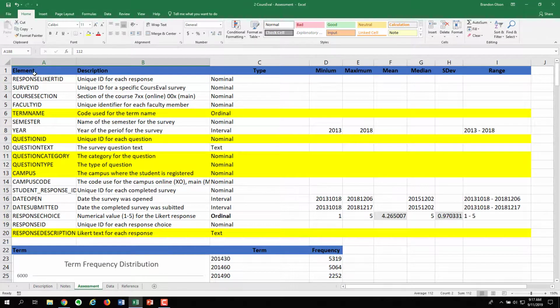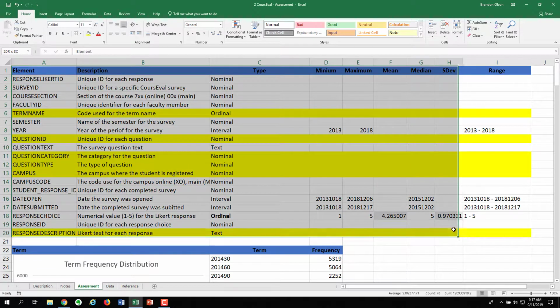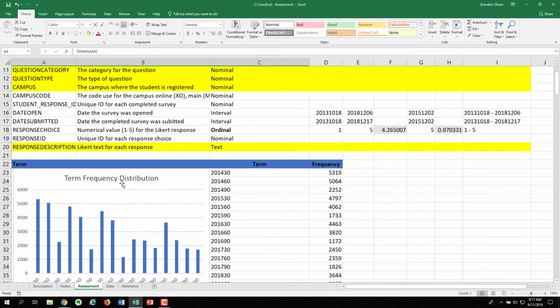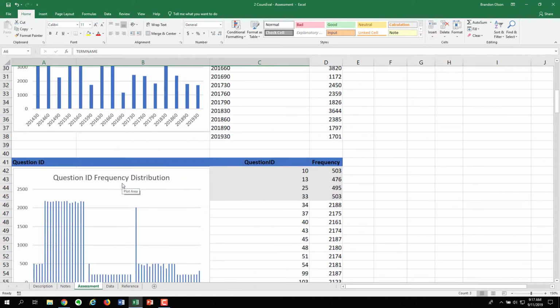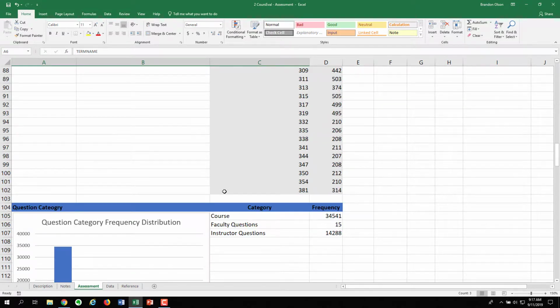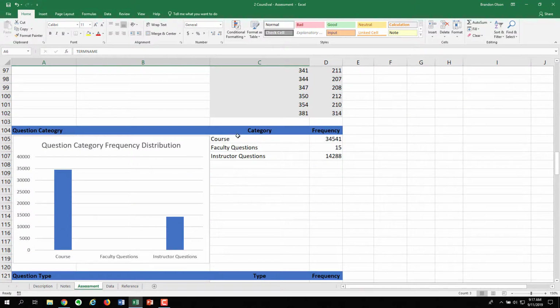So when I started with just looking at this data, I identified some of the data elements that I really wanted to be able to visualize in a frequency table. And then by looking at question ID, I discovered that not all the questions are going to be within the scope of the study. I found that as well when I was looking at these other types of questions. Faculty questions are not going to be included within the scope of the study.